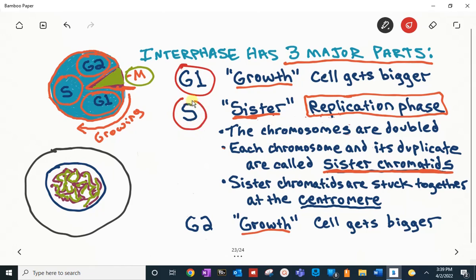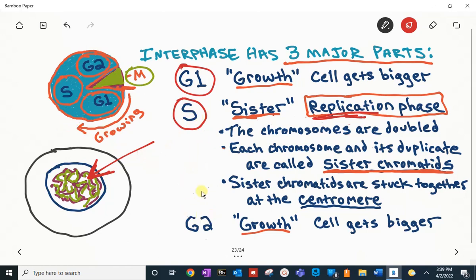And then the S phase, think sister, because that's the replication phase. So that's when the chromatin, the unwound chromosomes, duplicates into twins, into twin sisters. So now you have two of everything. So those are sister chromatids.